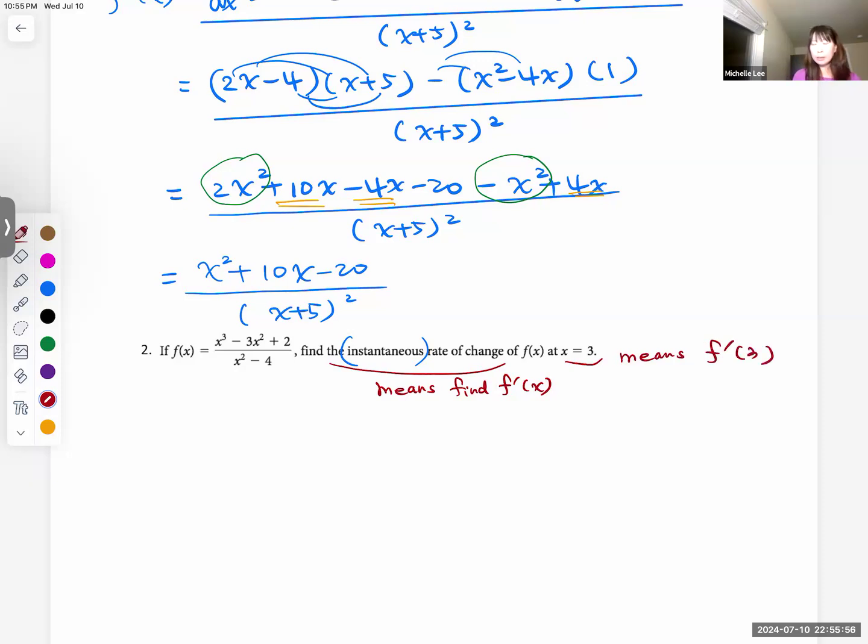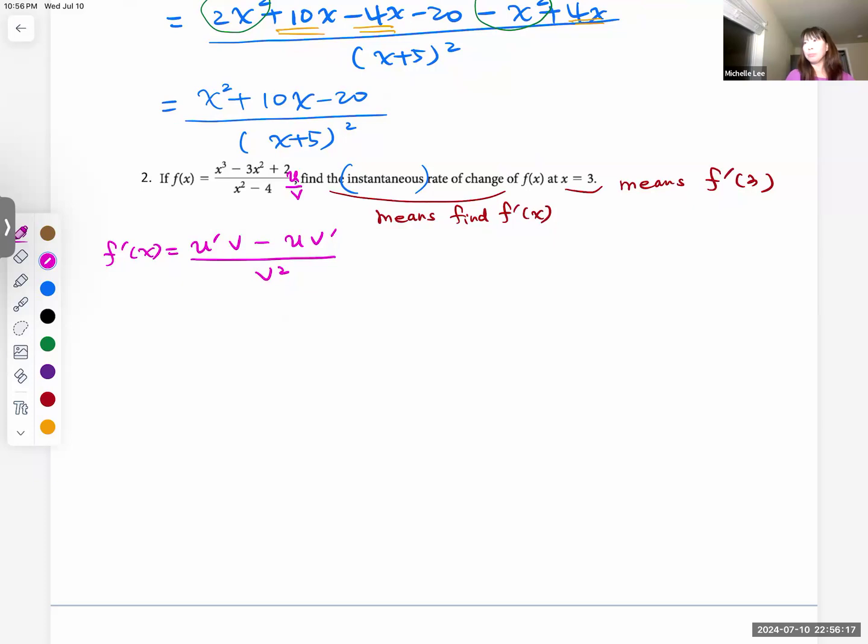We need to find that. So the quotient rule: f prime of x equals u prime v minus u v prime over v squared, right?